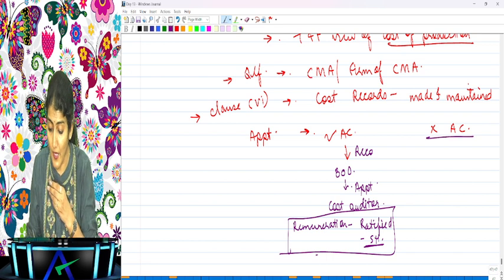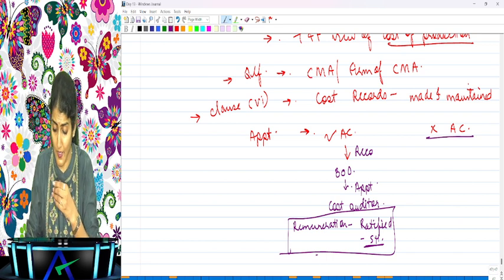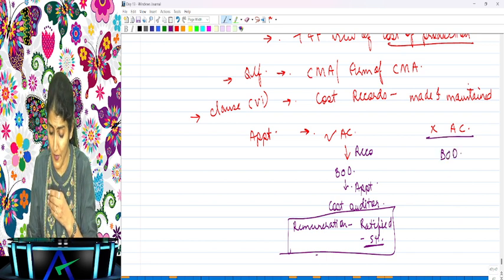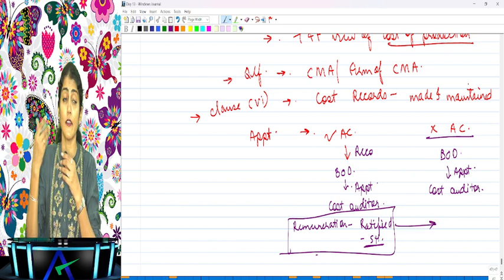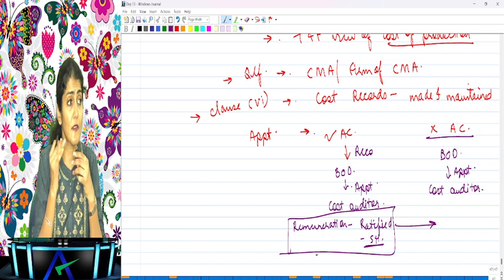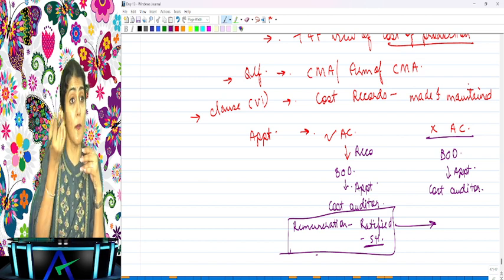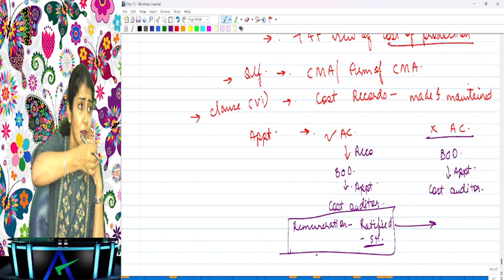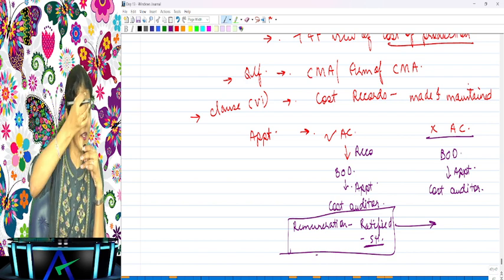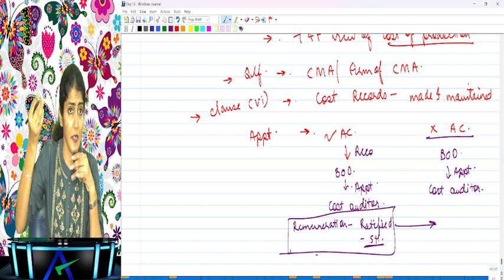And if the company does not have an audit committee, then the board of directors will directly appoint the cost auditor, and again the remuneration of the cost auditor is to be ratified by the shareholders subsequently. So is the appointment of the cost auditor to be ratified by shareholders?